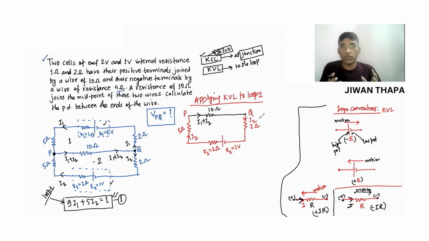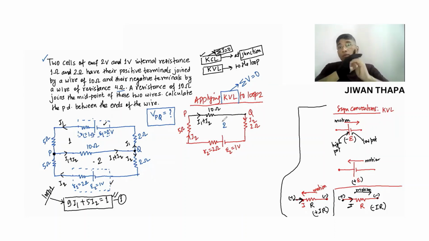So this is to be noted. Now, this is loop 2. Now we are going to apply KVL: summation V equals 0. We are going to apply KVL to loop 2.